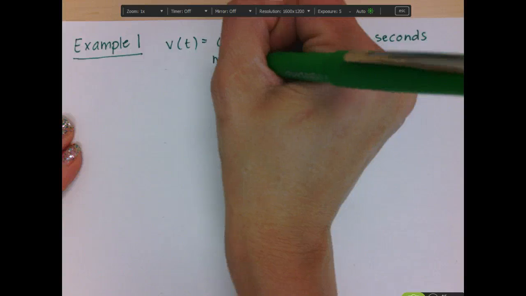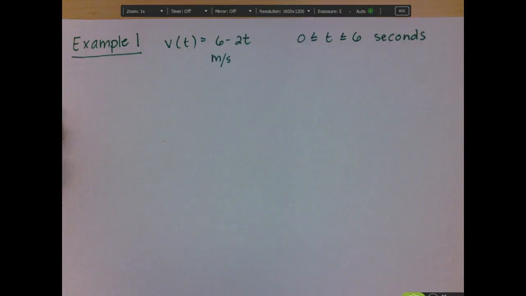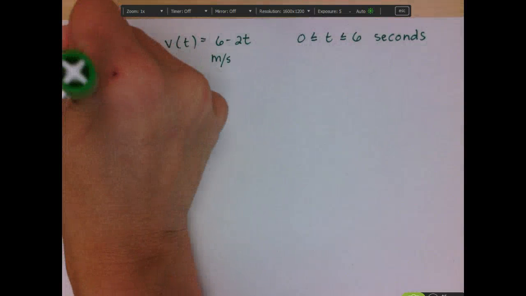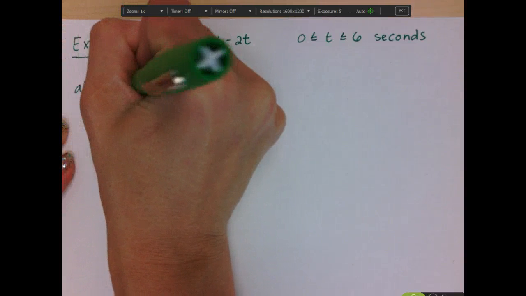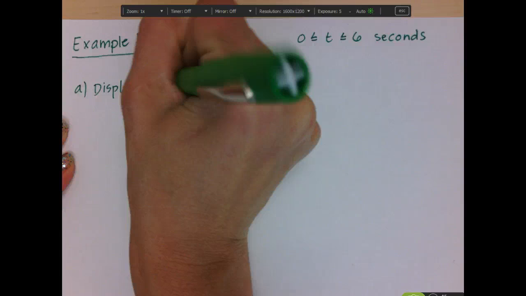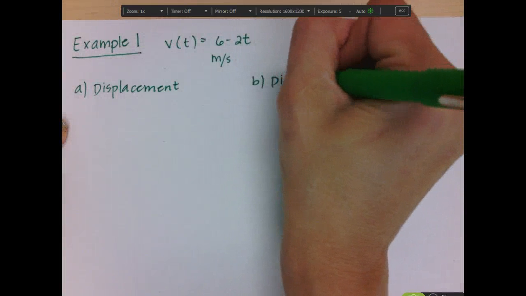And the velocity specifically will be measured in meters per second. So what I would like to do is calculate the displacement and calculate the distance traveled.